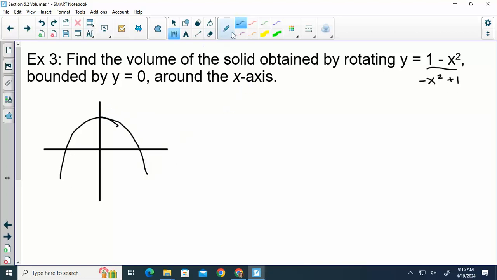But if I said it's bounded by y equals 0, y equals 0 is the x-axis. So that's the only part of this graph I'm looking at.